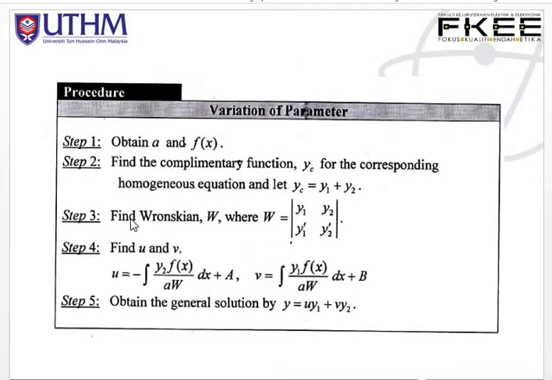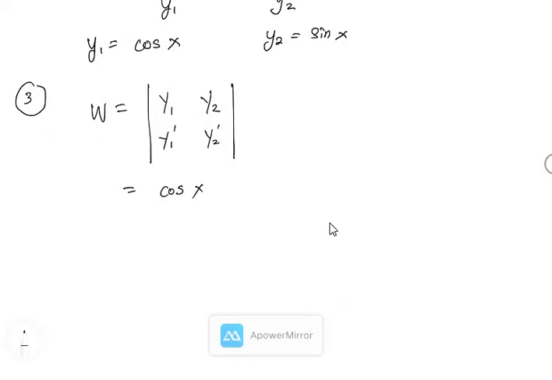And the third step, based on the procedure, is we need to find the Wronskian. That is W equal to y1, y2, y1 prime, y2 prime. As you know, y1 is cos x and y2 is sin x.